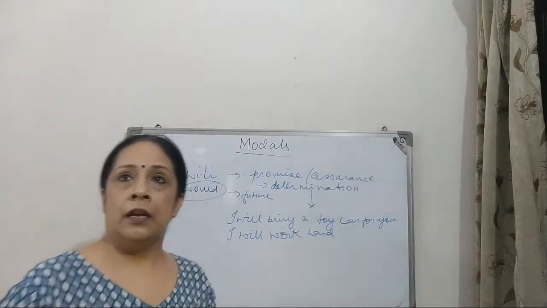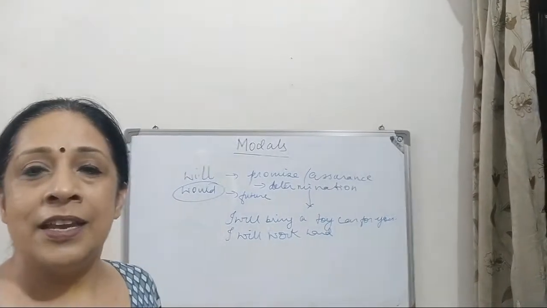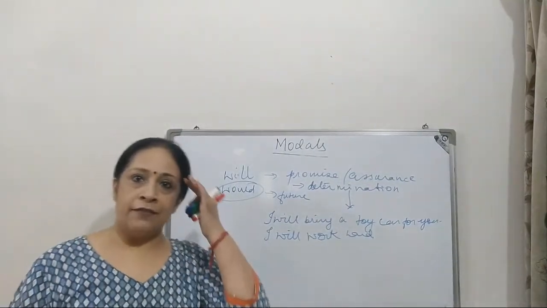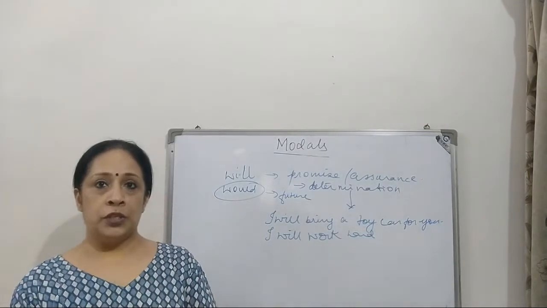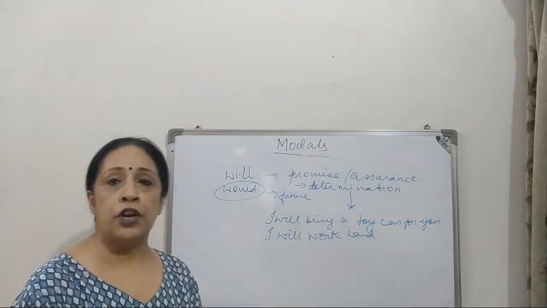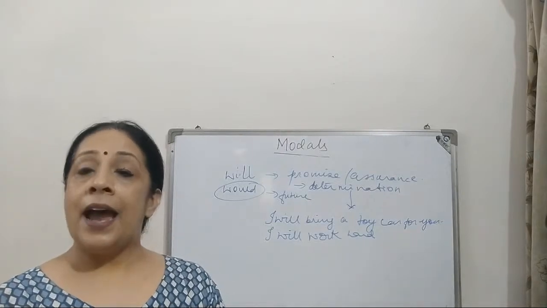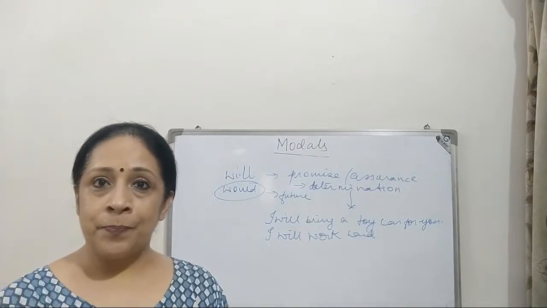I will try to clear the UPSC. Have you seen that UPSC? I will win the match. I will draw a portrait tomorrow. I would appreciate it if you would give. Yes, these are usually used for conditionals. Conditionals we'll do separately.